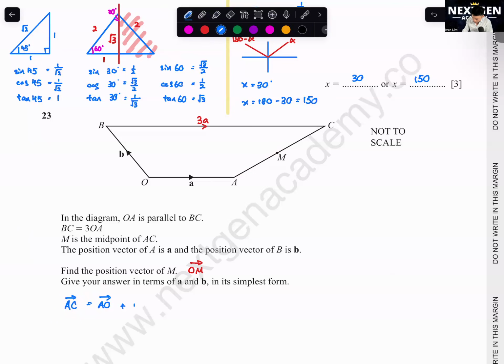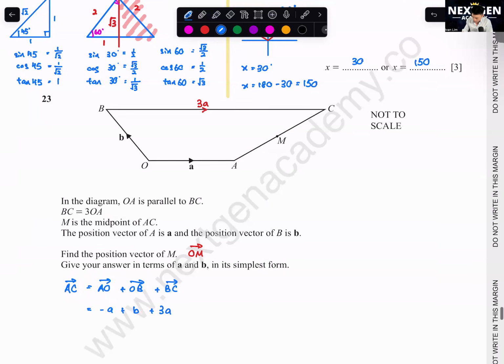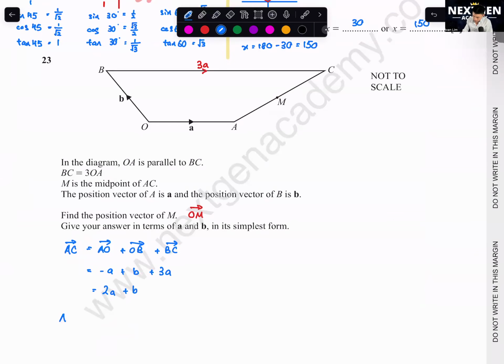AO plus OB plus BC. Okay, this step is not necessary. Minus A plus B plus 3A. We'll get 2A plus B. Okay, what is AM? AM is half of AC.